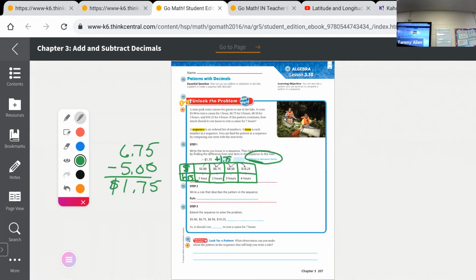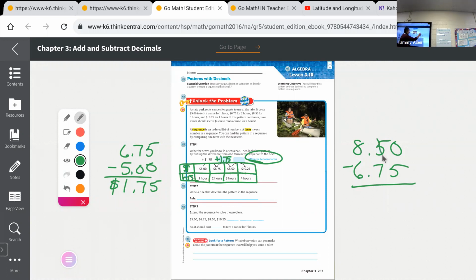But you don't just believe it happens on the first one. You have to check it out. Does it still hold true for each and every term in your sequence here? So you would take $8.50 and you would subtract $6.75. And here's where your subtraction comes in. You've got to be careful with your subtraction.